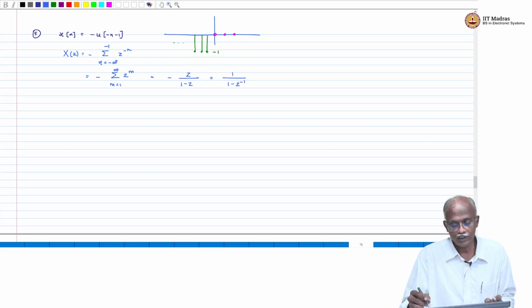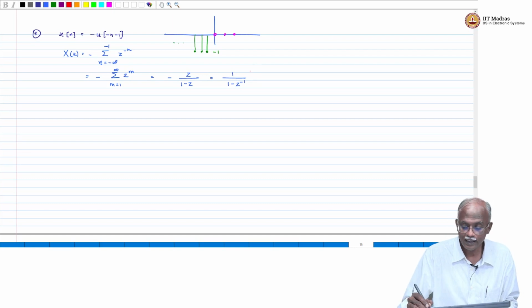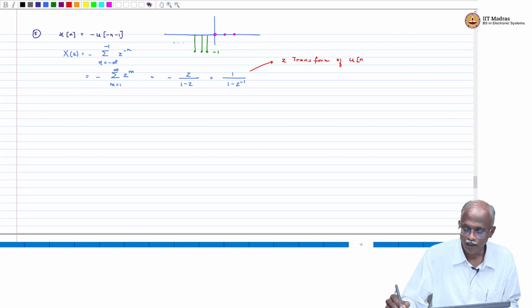Okay. Now, notice that this is the z transform of a sequence that you know. This is the z transform of u of n. There the condition was mod z greater than 1.